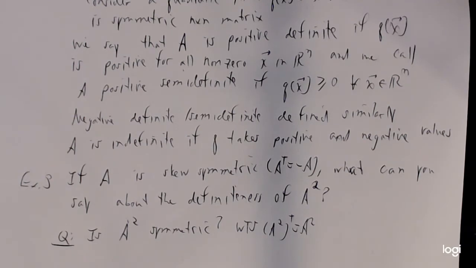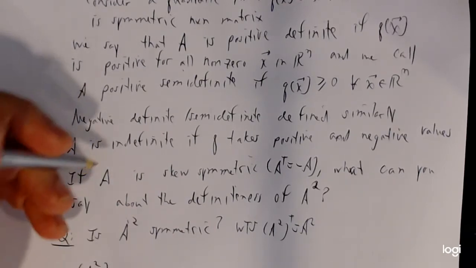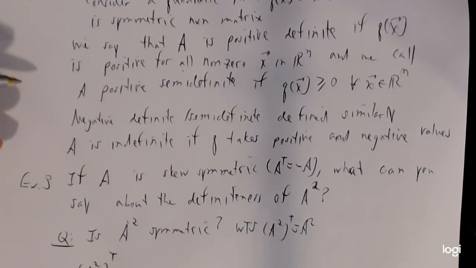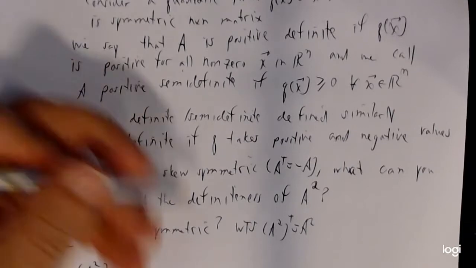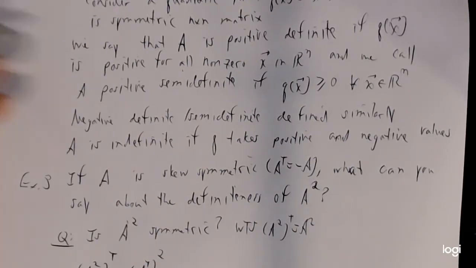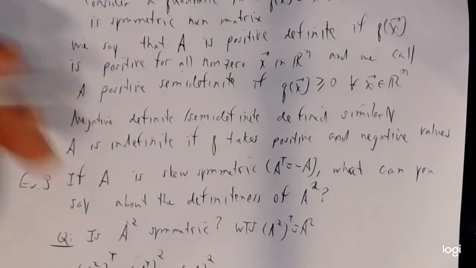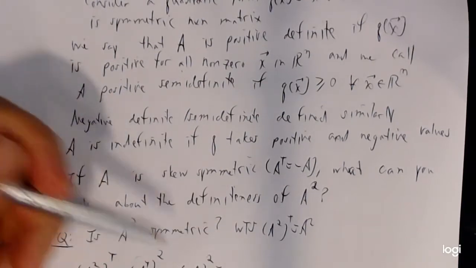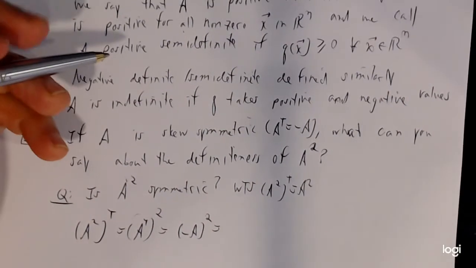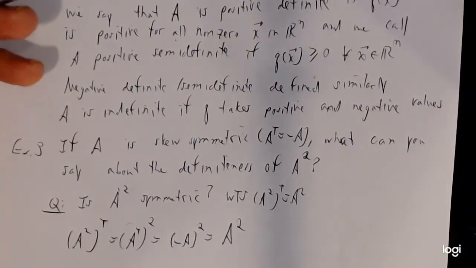Let's start off with A squared transpose, which we know is the same thing as A transpose squared. A transpose is negative A, and negative A squared is literally A squared. So sure enough, it is symmetric.